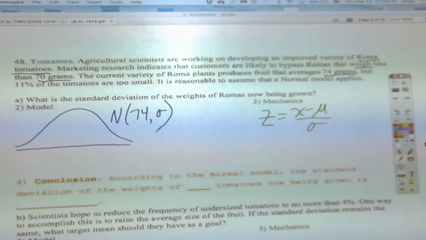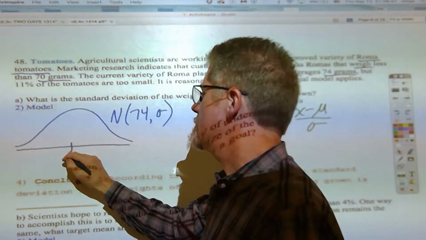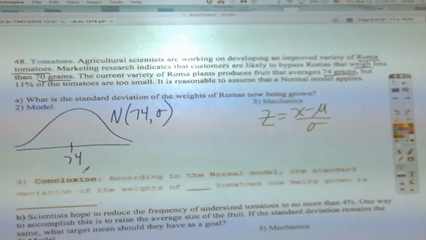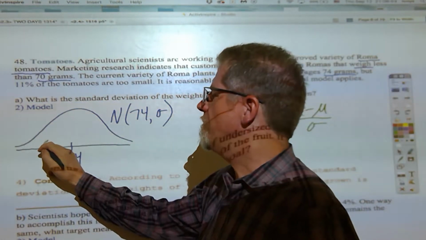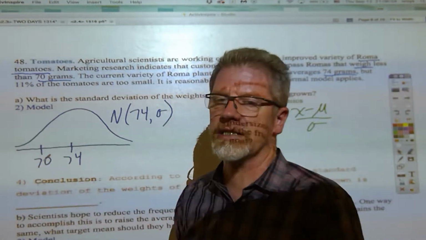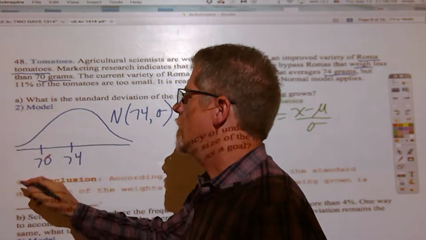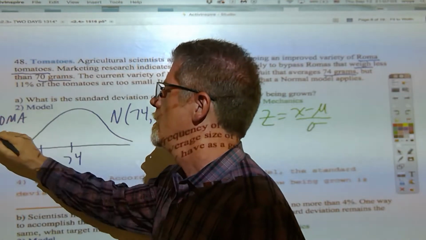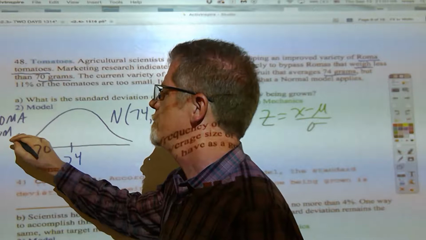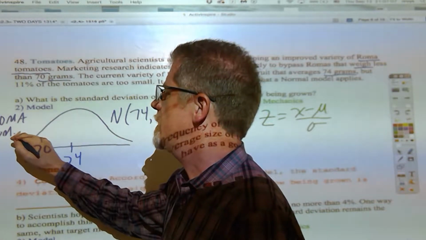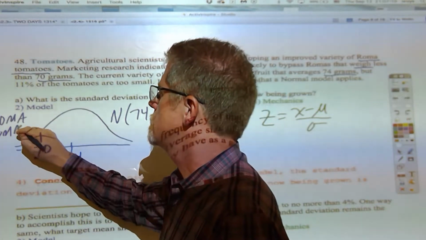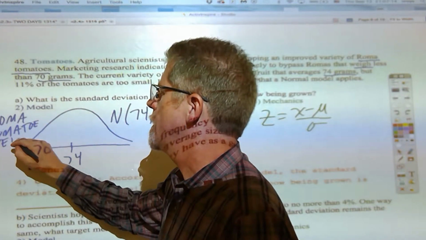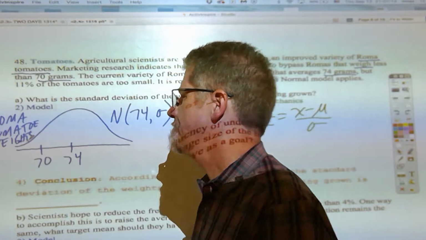They're not telling us the standard deviation, but we know the middle is right here, 74, and we know that the cutoff for too small is 70 grams. The title here is Roma tomato weights.